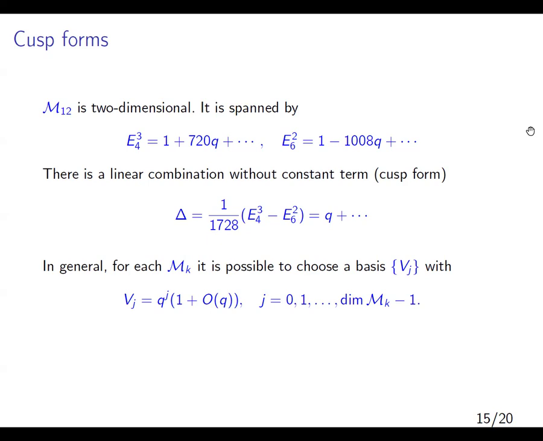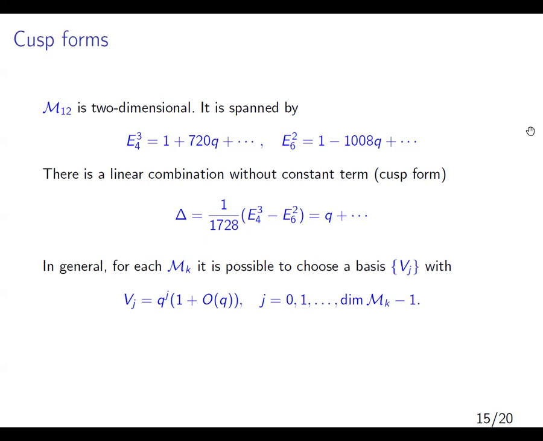It's the first case where we have a two-dimensional space, and we can take the difference of these two forms, and in this case the series in the nome will start from q, meaning that we have a zero at infinity.